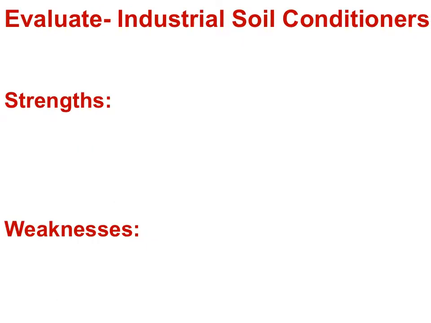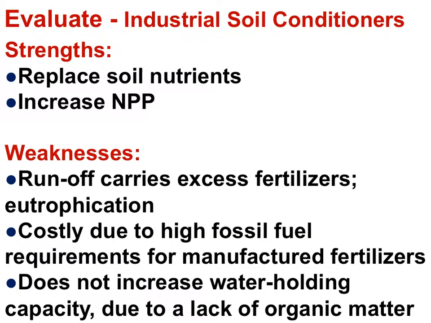Can you evaluate industrial soil conditioners, such as fertilizers and lime? Subsistence farm systems would be less likely to use fertilizers and lime as soil conditioners. The strengths of industrial fertilizers and calcium carbonate or lime would be to replace the nutrients that have been depleted in the soil, and to increase NPP.